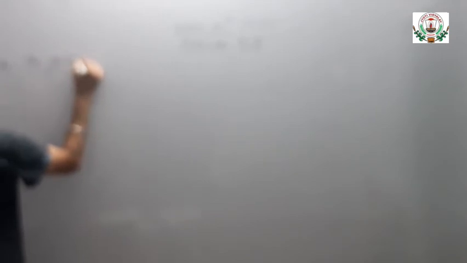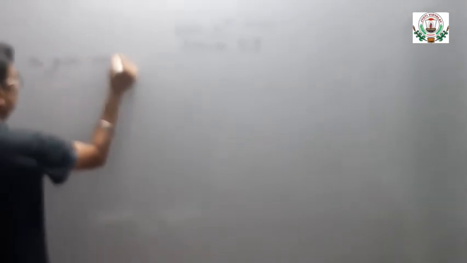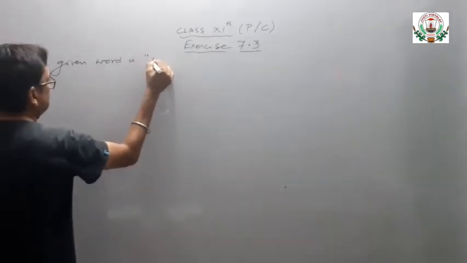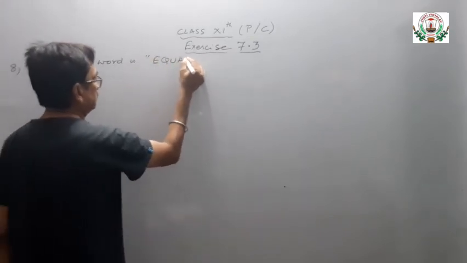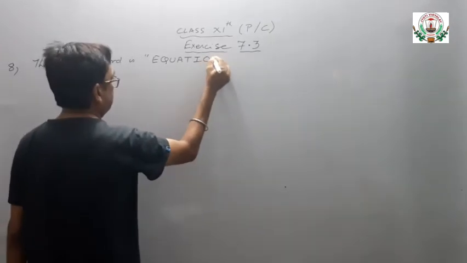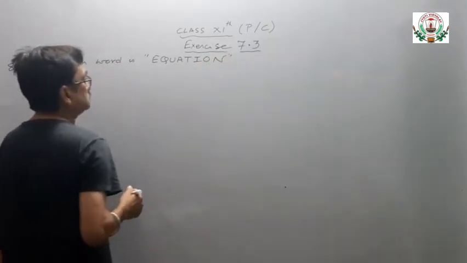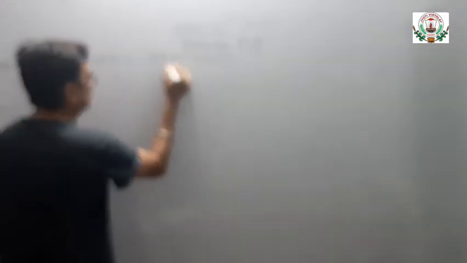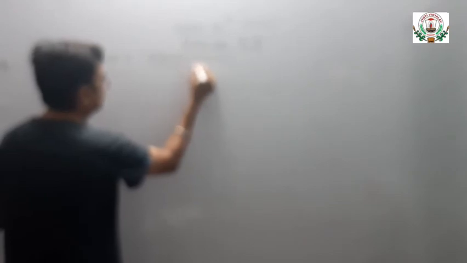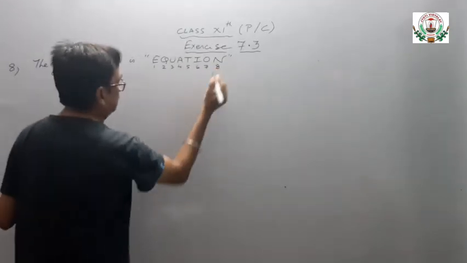The given word is EQUATION. And you can see how many alphabets are there in this word EQUATION? 1, 2, 3, 4, 5, 6, 7, 8.